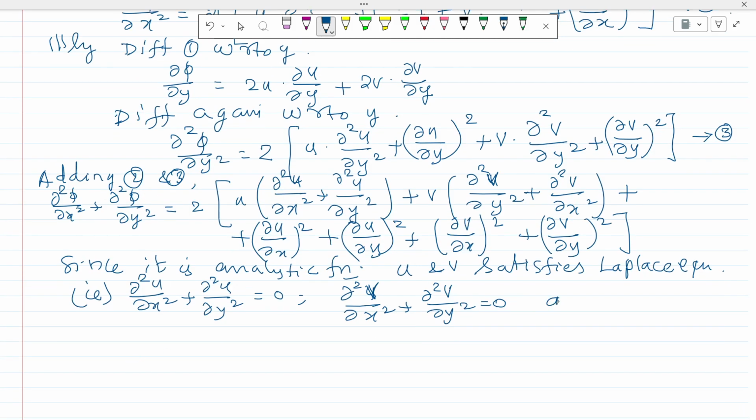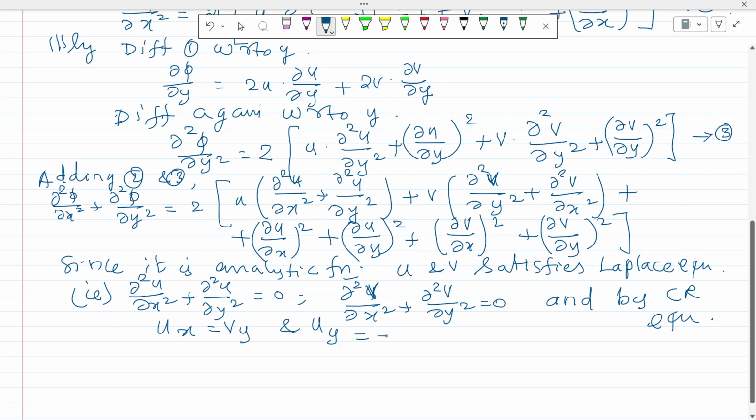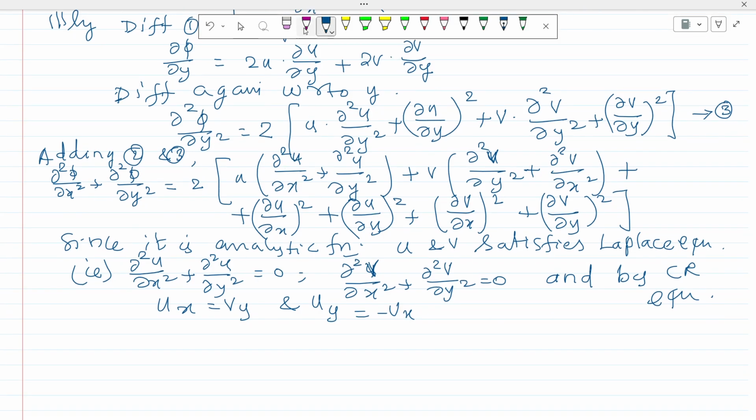And by the CR equations, ux = vy and uy = -vx. So therefore you can see that this is 0 and this is 0.